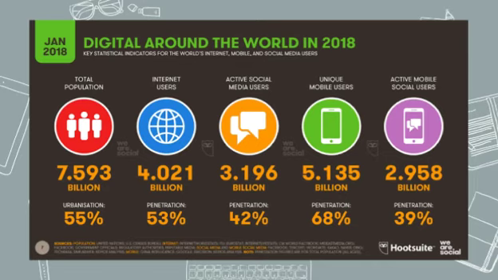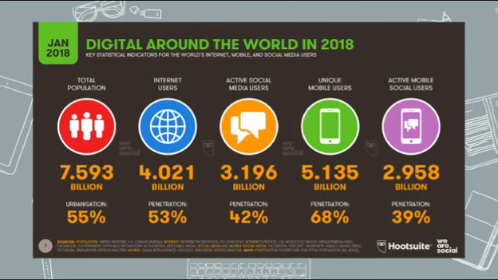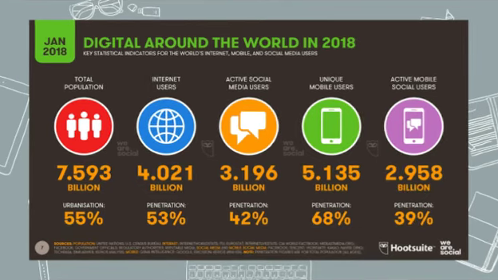So this infographic shows the total population is 7.593 billion, and 4.21 billion are internet users, 3.196 billion are active social media users, 5.135 billion are unique mobile users, and 2.958 billion are active mobile social users.